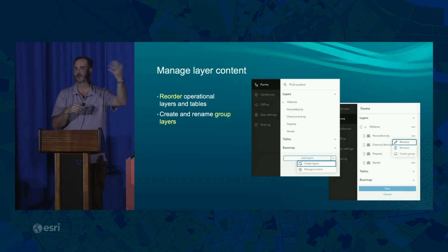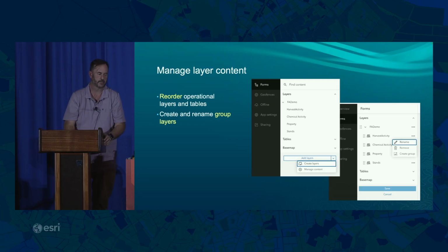You don't want to have to always go out to the embedded map viewer to do that. We introduced this concept of manage content when you're in that view, so you can start to manipulate the order of layers or remove layers or create groups. So that's there as of February as well.